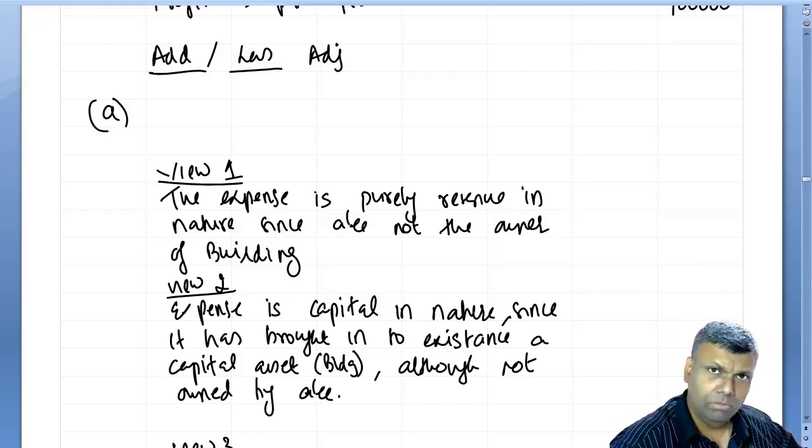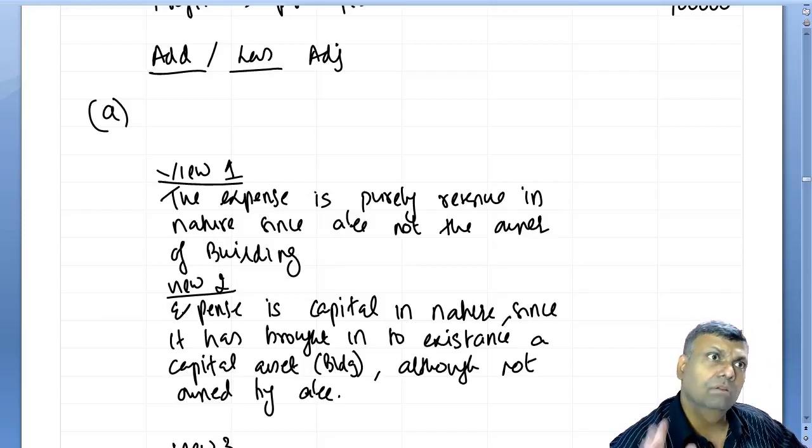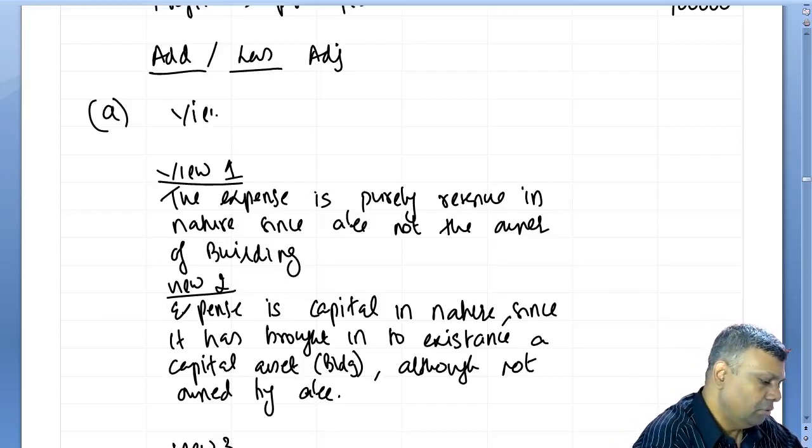If you want, you can follow view number 2, but write all the views and follow whichever. If I followed view number 2, that means I will say that it is capital expenditure, so I will disallow, but I will not give depreciation. In view number 3, you will disallow the expenditure, plus you will give the depreciation. So I am following view number 3.